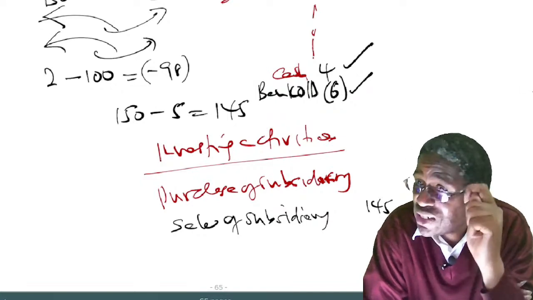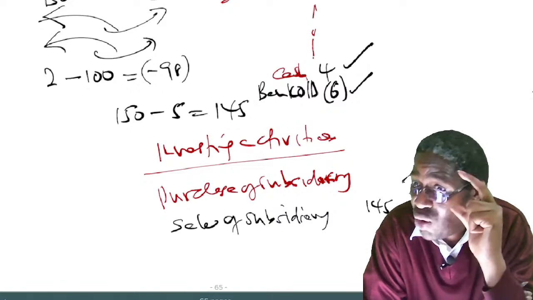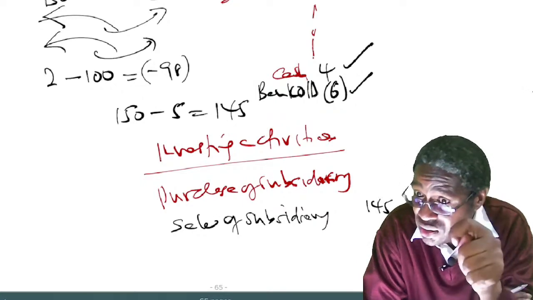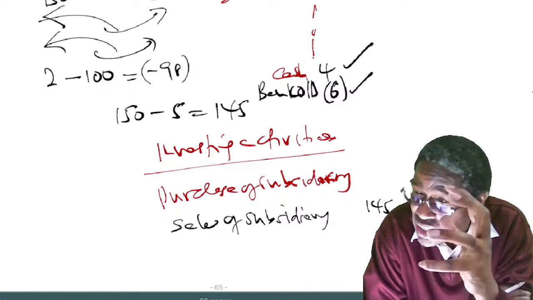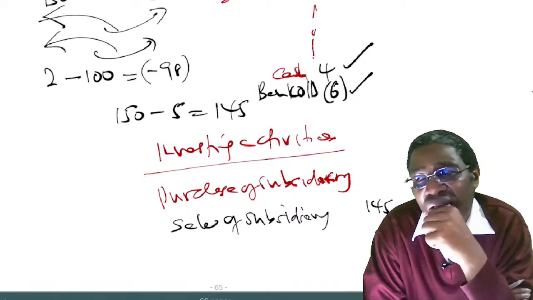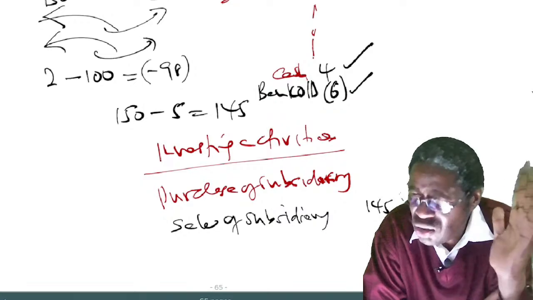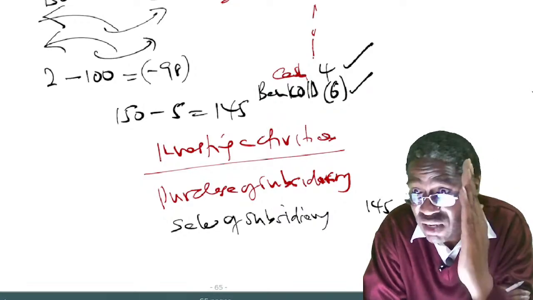Listen, the argument does not change. Take what came in, minus what went out. Whether it's an acquisition or a disposal, it does not matter. The logic remains the same.